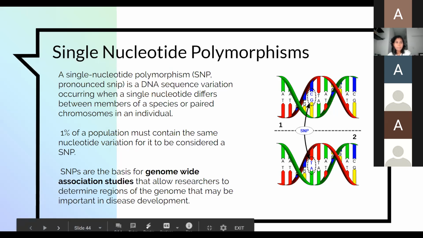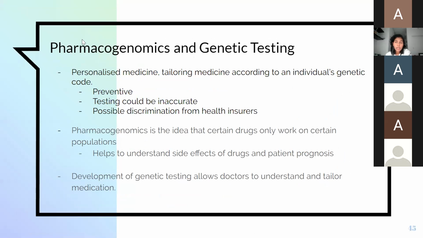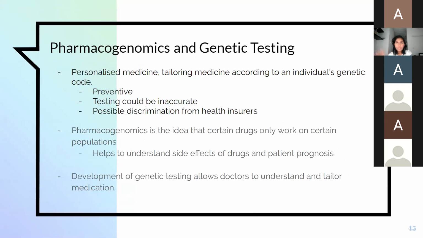So with pharmacogenetics and genomics, SNPs are what allow us to make targeted medicine that will help populations, and hence reduce adverse effects, or give a better response to drugs, and in the end a better patient prognosis.